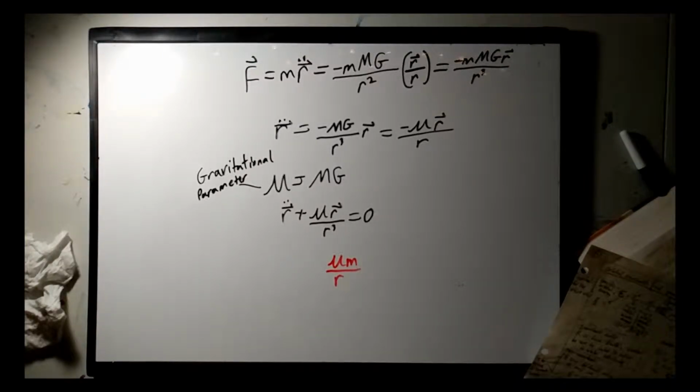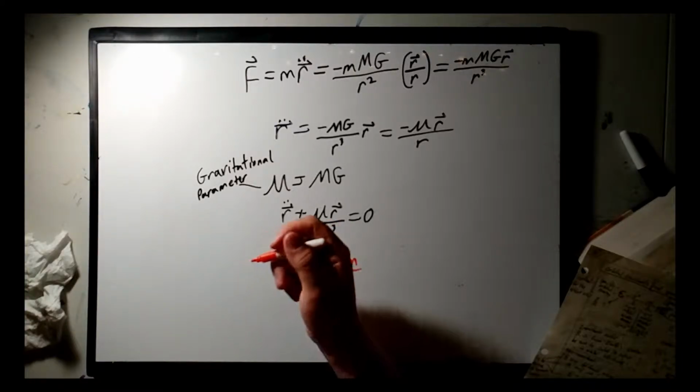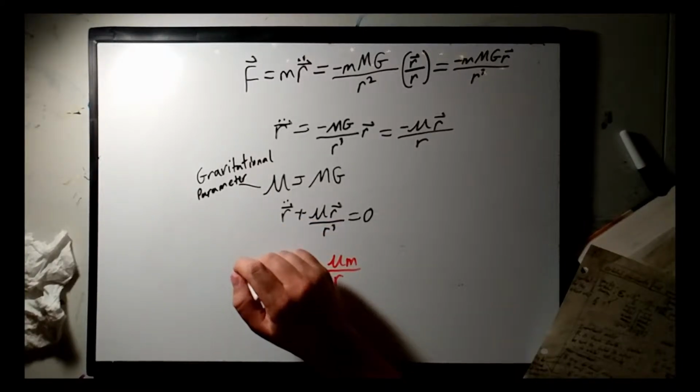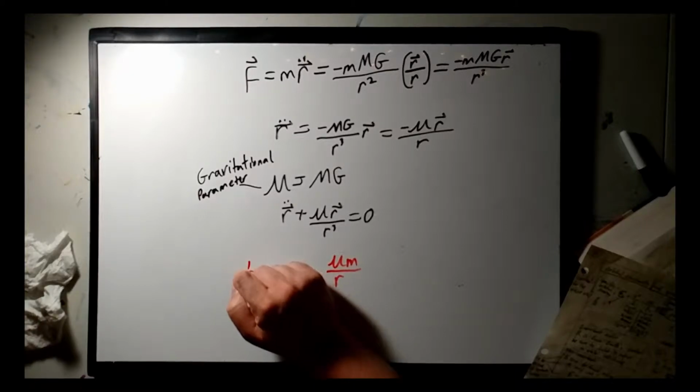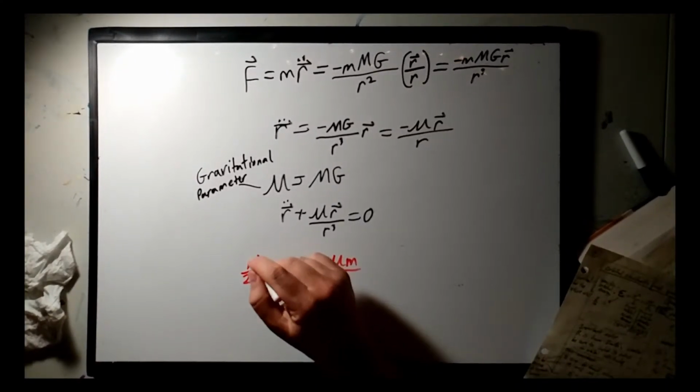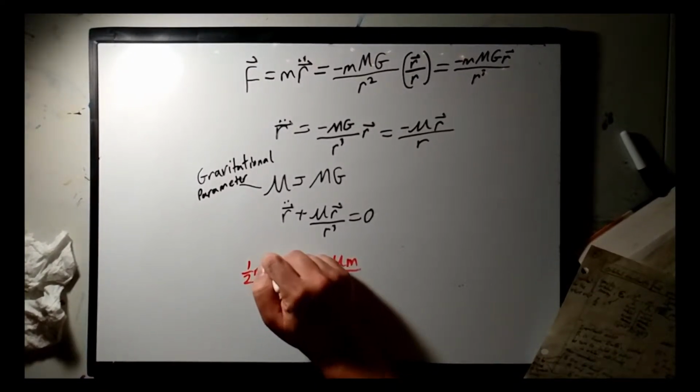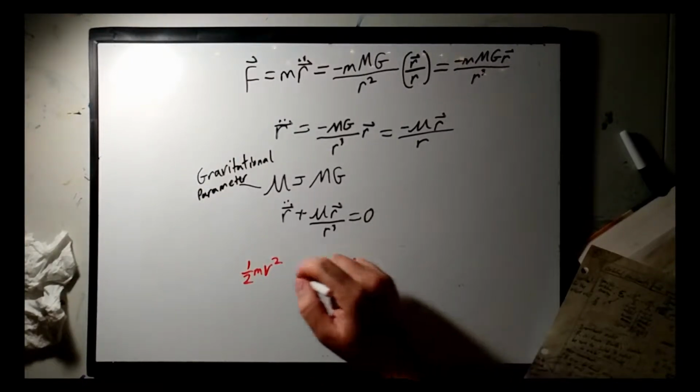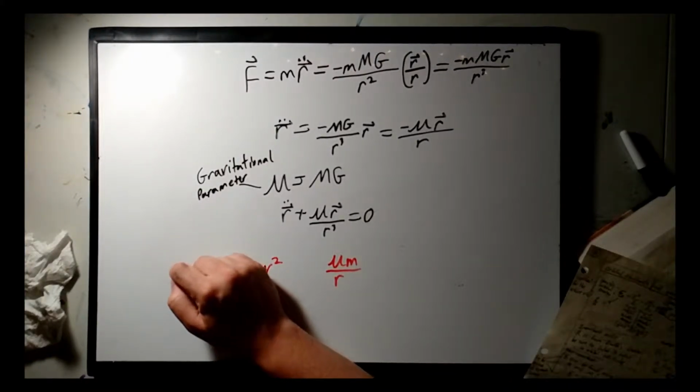Now, our kinetic energy is just like from your physics class, which is 1/2 the mass of the spacecraft times the velocity squared. And we're going to go ahead and say this is equal to E.